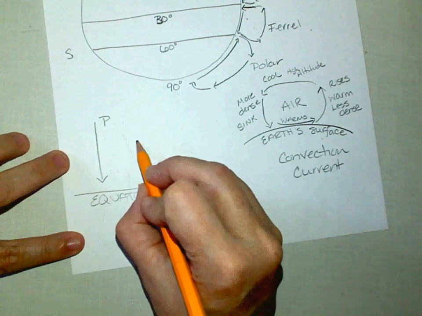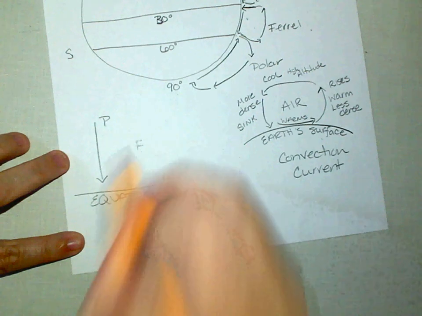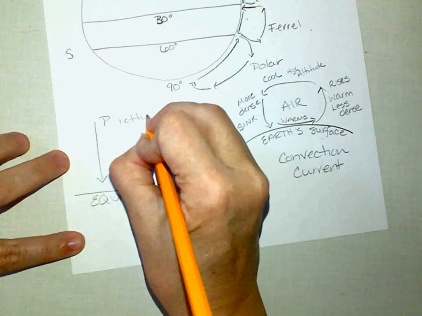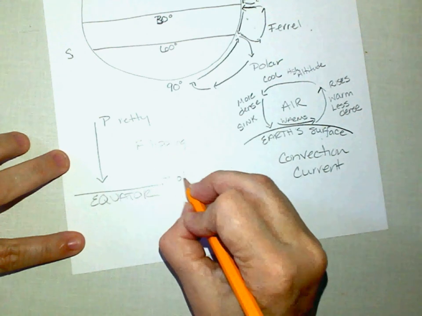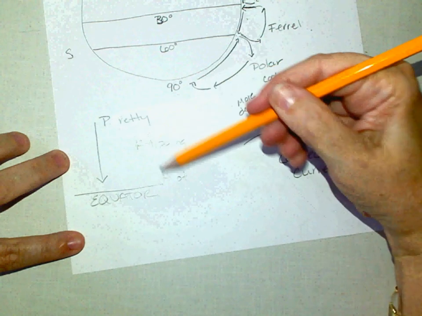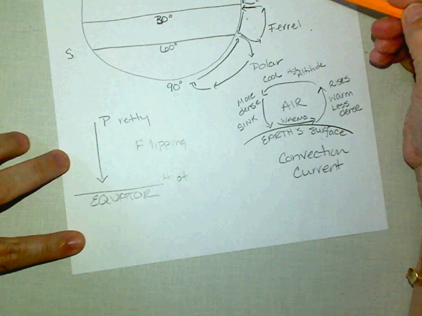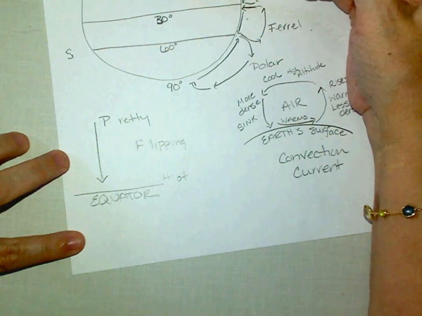And as I'm walking, it's going to get pretty flipping hot. PFH, pretty flipping hot: polar, Ferrel, Hadley, because it's really cold up here and it's really warm down there. So as I'm moving downward, it's going to get pretty flipping hot.